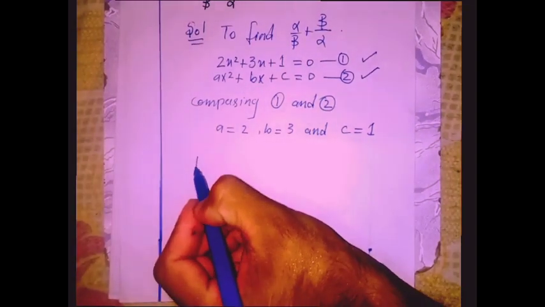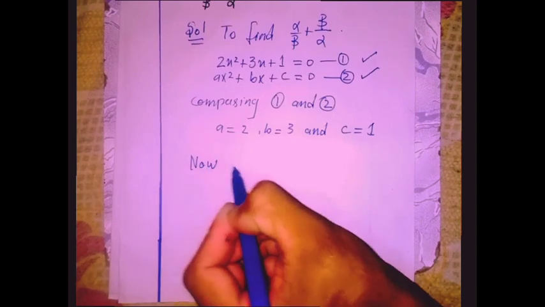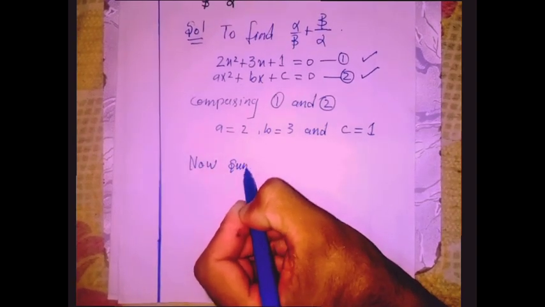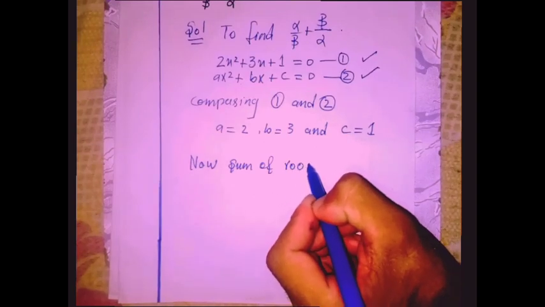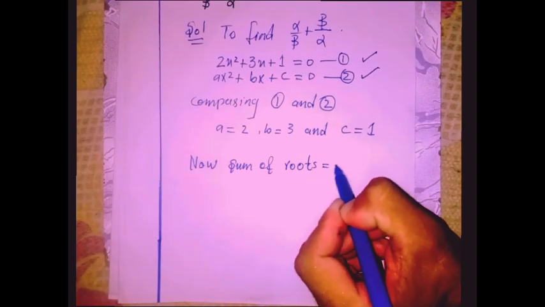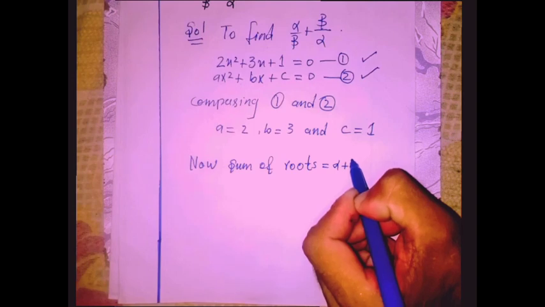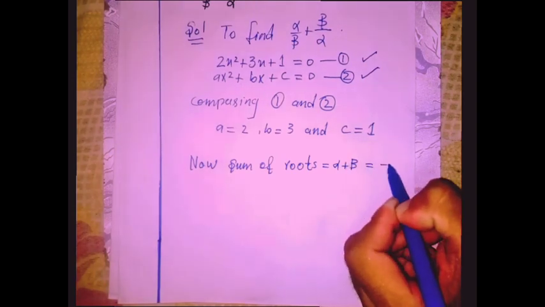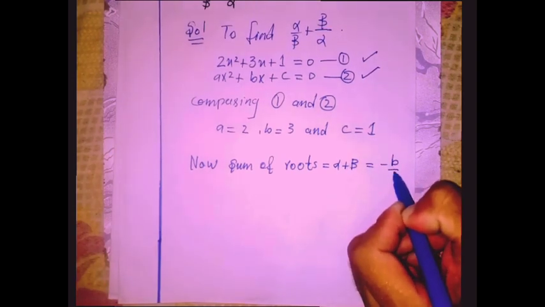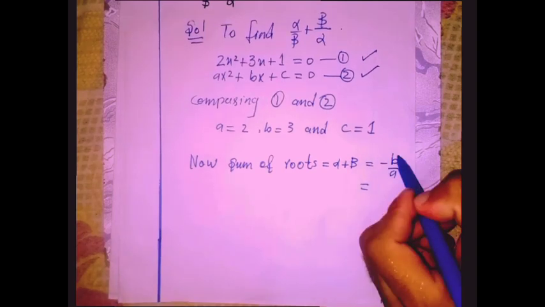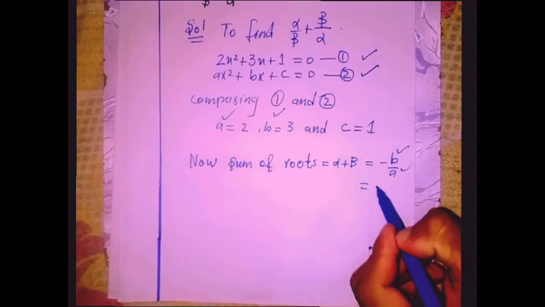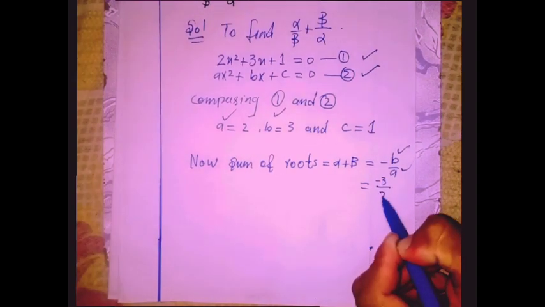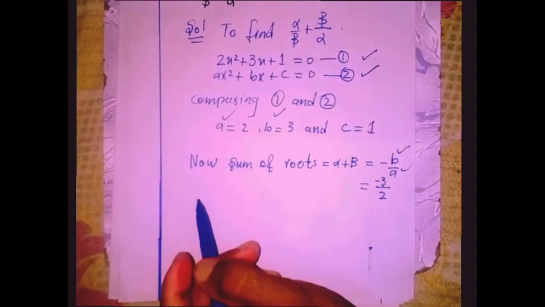Now we have to find the sum and product of the roots. The sum of the roots is alpha plus beta, which is equal to minus b divided by a. Putting the values of b and a, we get minus 3 divided by 2.